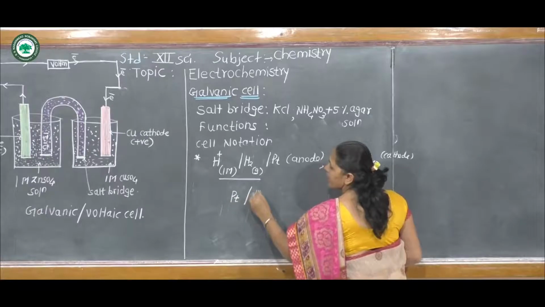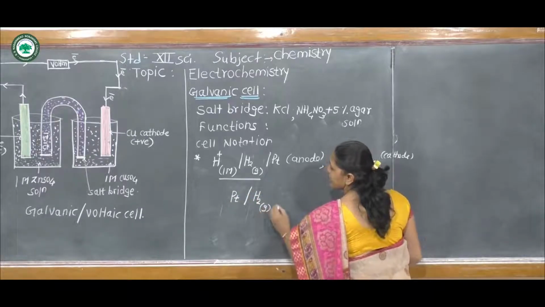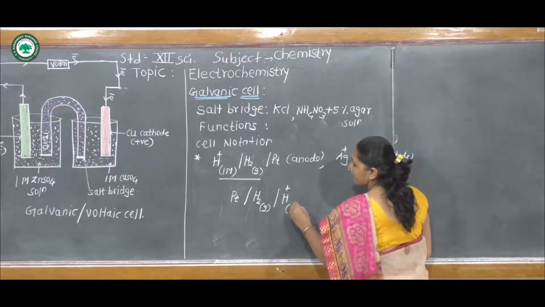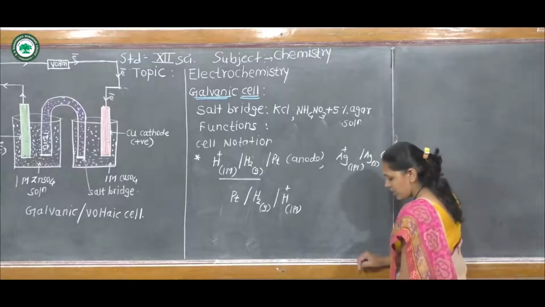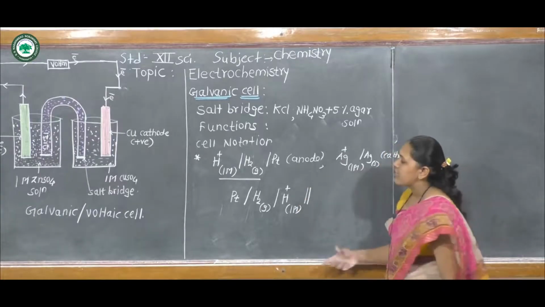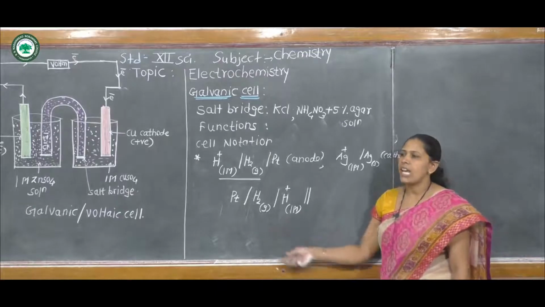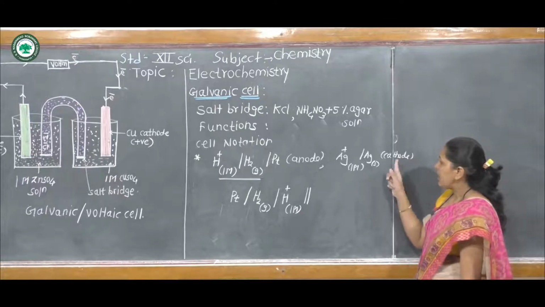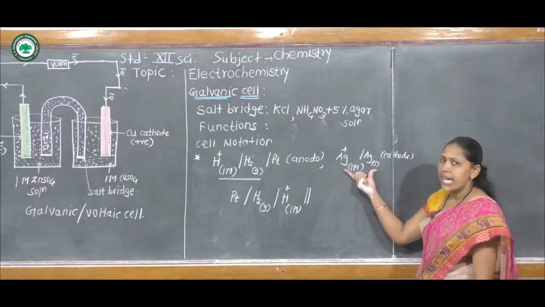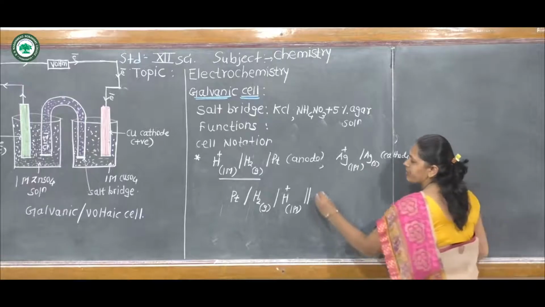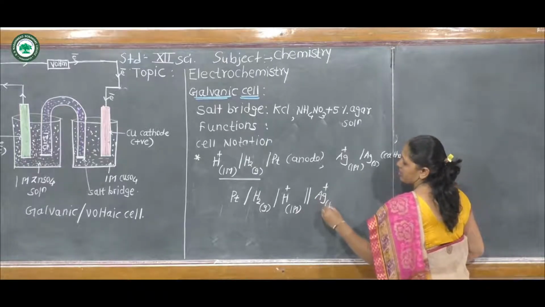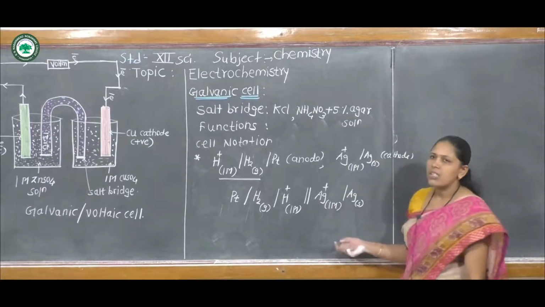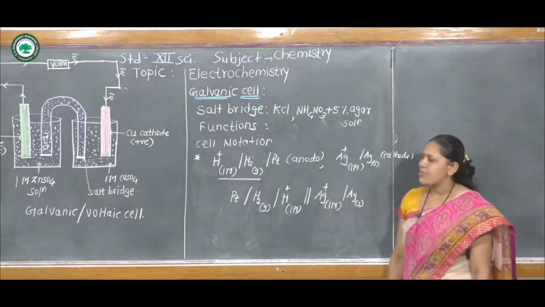Platinum, single vertical line, hydrogen gas, H+ ion solution having 1 molar concentration, then double vertical line, this half cell is the anode. Then the other half cell is the silver electrode, it acts as a cathode, therefore the sequence is as it is, aqueous first and then solid. This is the cell notation for these two half cells.